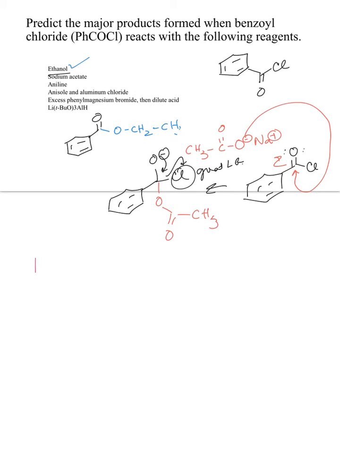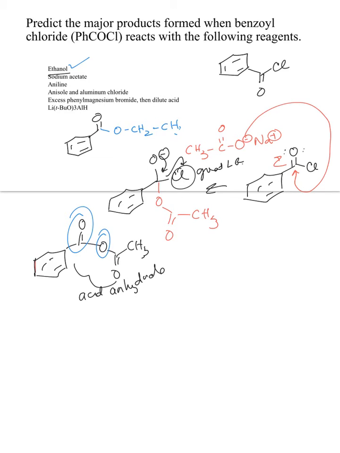And now you have an acid anhydride. You have a new functional group. It's a derivative. Carbonyl, oxygen, carbonyl. The acid anhydride.